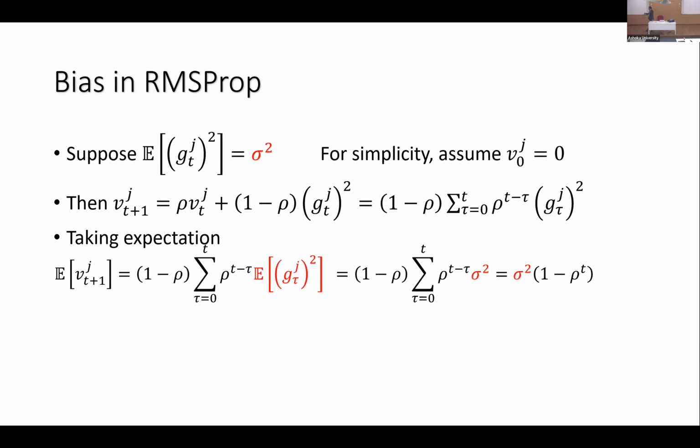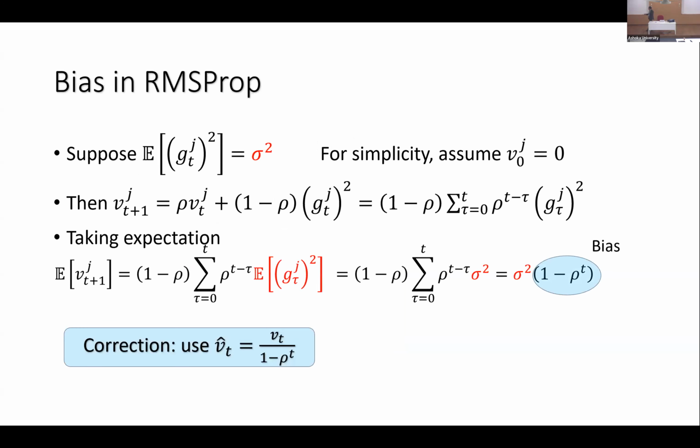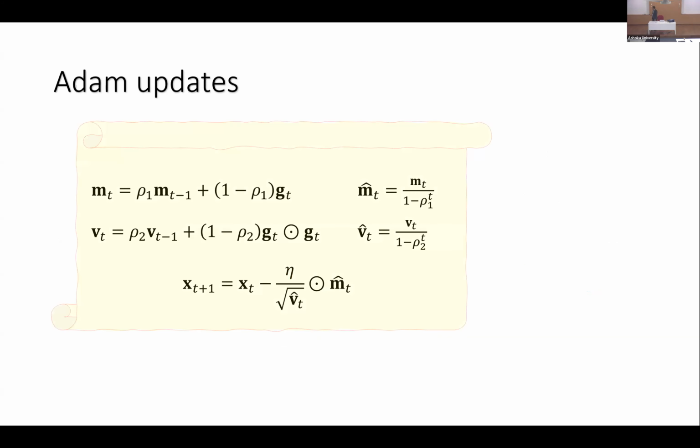And therefore, what Adam does is it divides by 1 minus rho raised to the power t to correct that bias. So Adam updates would look something like this. Now they look very different from SGD, but really they are built from SGD. All the intuition is coming from SGD, just that there are some things to try to correct it.